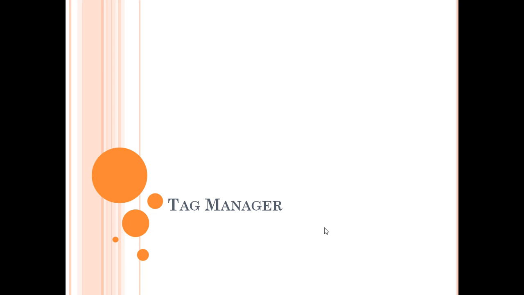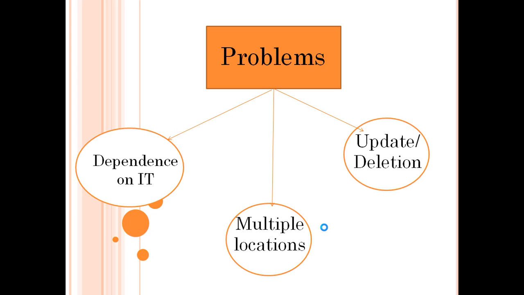Now the question arises, why do we need a tag manager? Without using a tag manager we face some problems, and let us discuss those problems. We basically face three major problems when we do not use a tag manager. The first is dependence on the IT team.